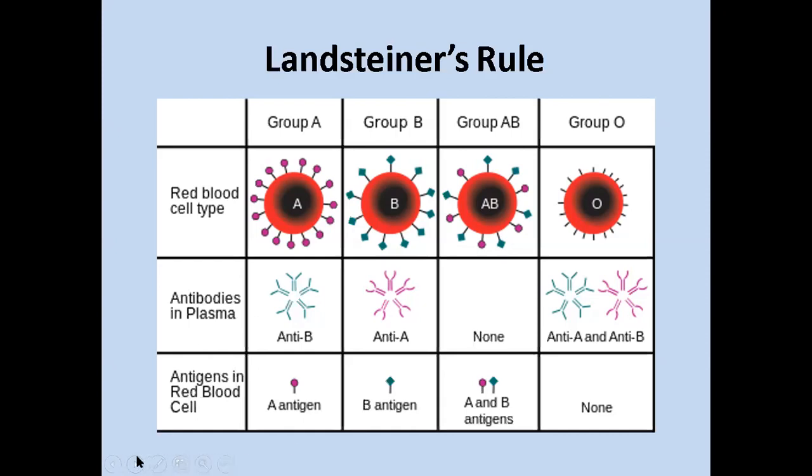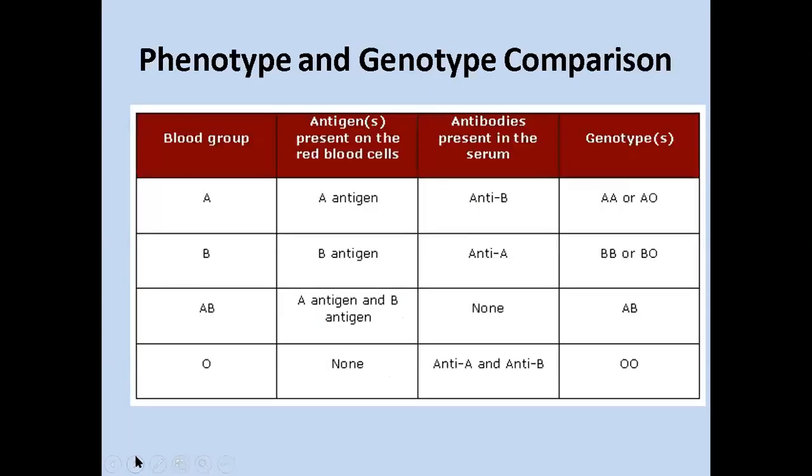So we use both. And blood bank testing is unique because it's one area of the lab where the red cells are separated from the serum and the plasma, and each is tested separately. Okay, so this is just another chart that basically wraps everything up. So we have our blood group phenotypes here, antigens that are present, antibodies we would expect.